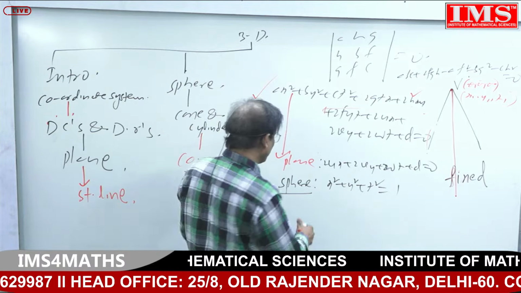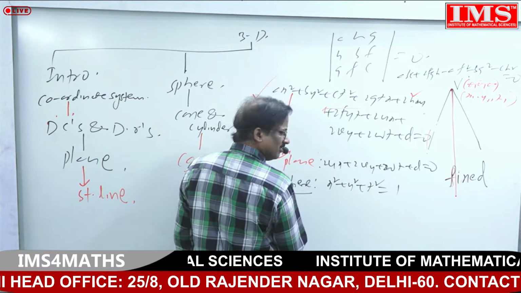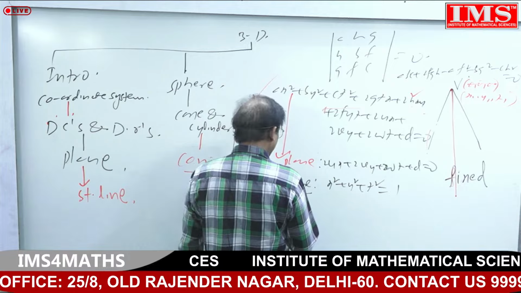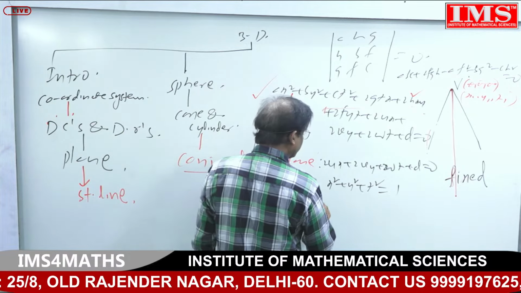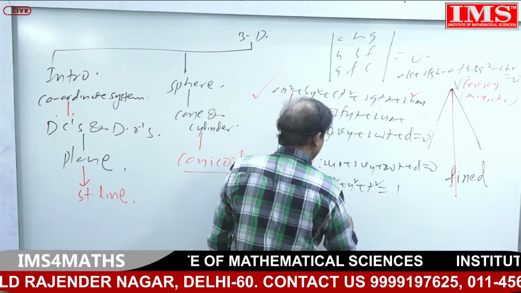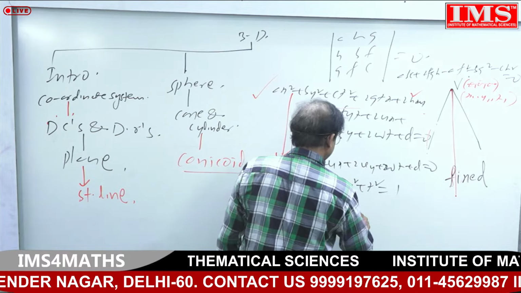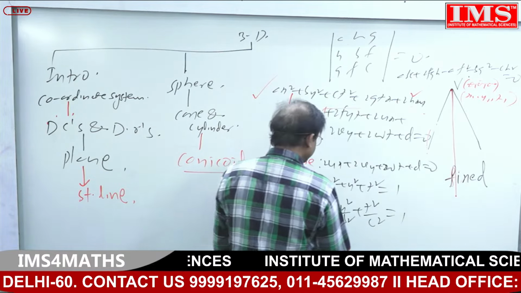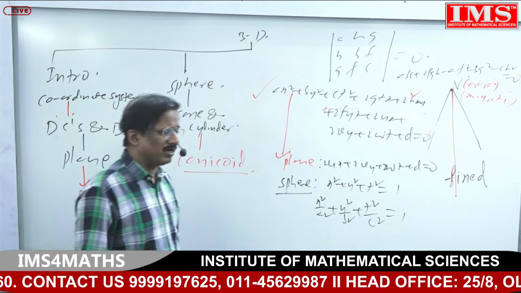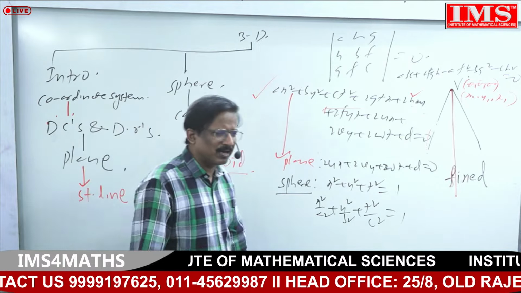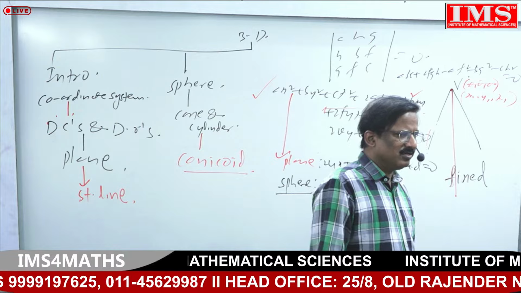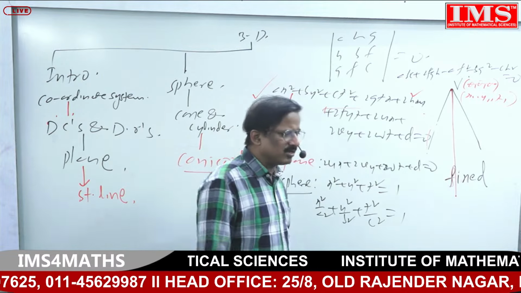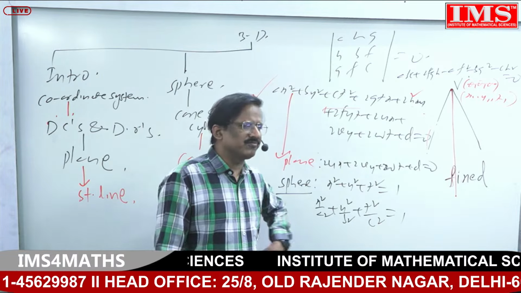Not only that, do you get an ellipsoid or not? You'll get an ellipsoid, x square by a square plus y square by b square plus z square by c square equal to 1. You'll get a hyperbolic paraboloid or not? Elliptic paraboloid or not? Yes. So you can get every kind of surface.